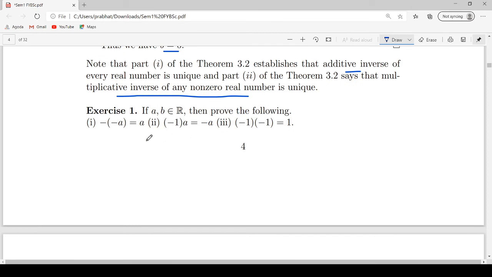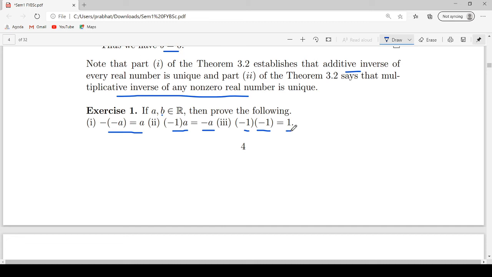Now let's see a few more examples. For real numbers A and B, we are asked to prove: additive inverse of additive inverse of A is equal to A itself, that is, minus of minus A is equal to A. Then additive inverse of 1 multiplied with A is equal to additive inverse of A. In symbol form, it is minus 1 times A equal to minus A. And the third statement is additive inverse of 1 multiplied with additive inverse of 1 is equal to 1.